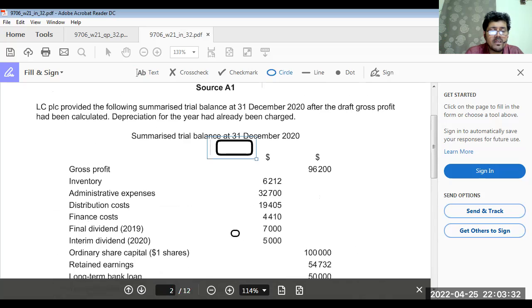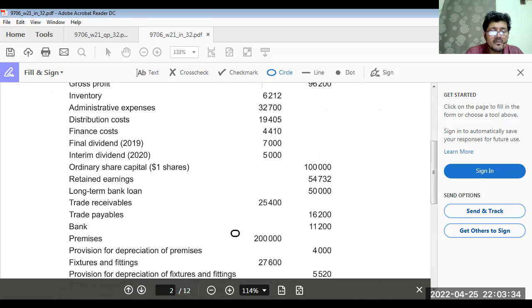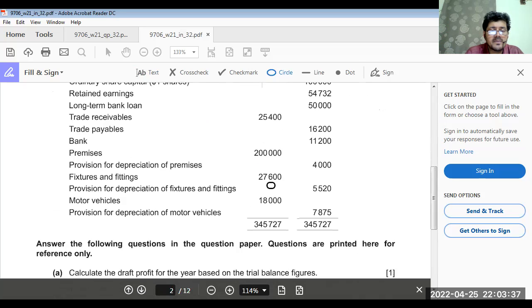Now here, fixture and fittings cost 27,600 and provision for depreciation 5,520. 27,600 minus 5,520 is 22,080.